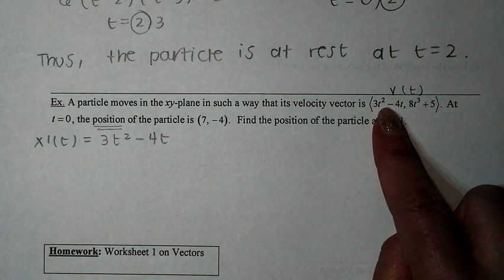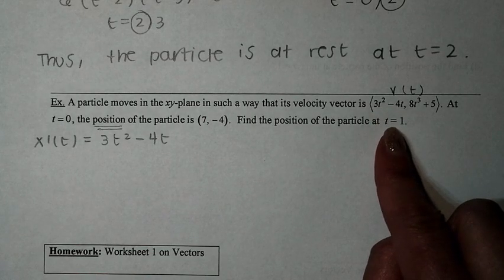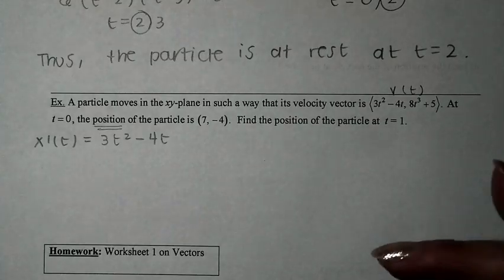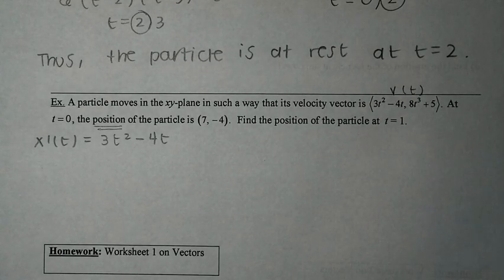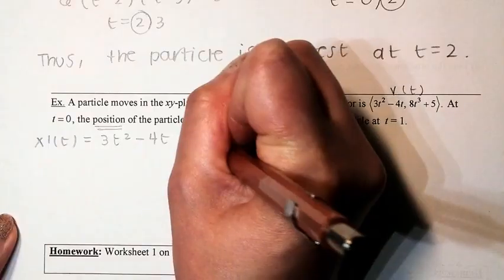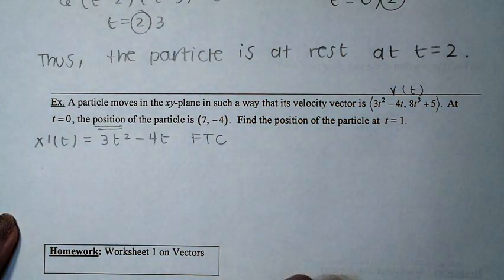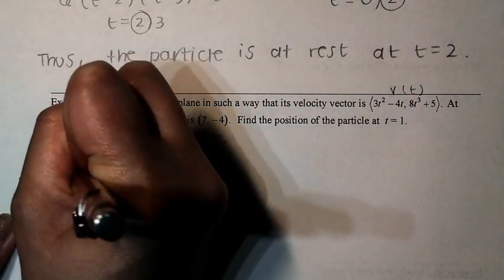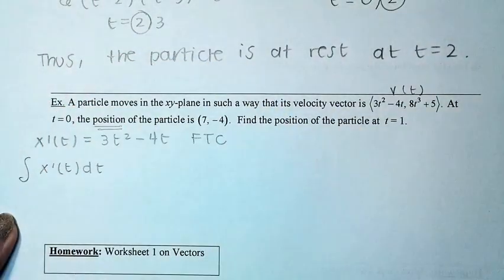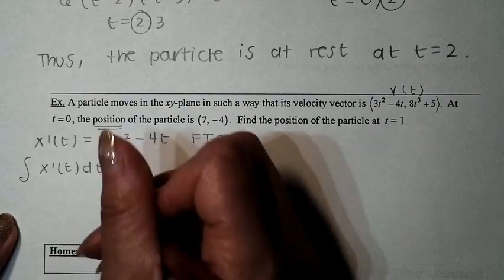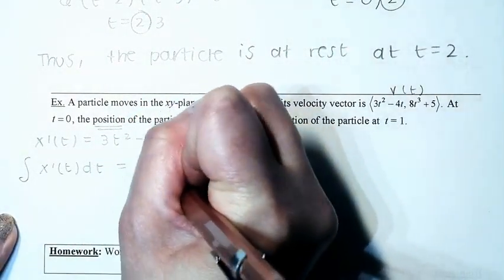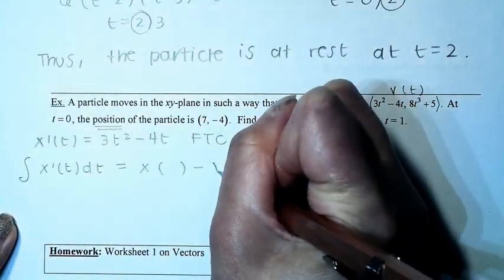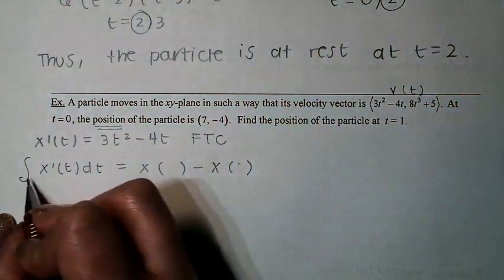So you're like, how in the world can I find, not the integral, but x of 1? So this will use FTC. By FTC, what do you have? The integral of x prime of t dt is going to be equal to the bounds of your integral.